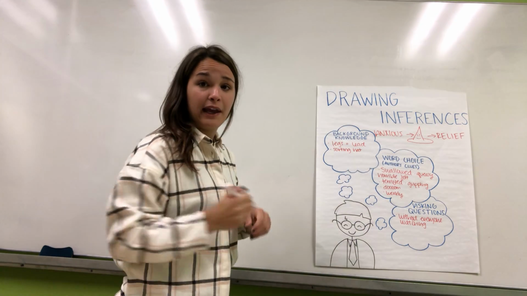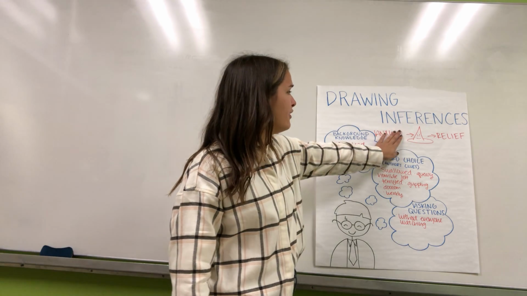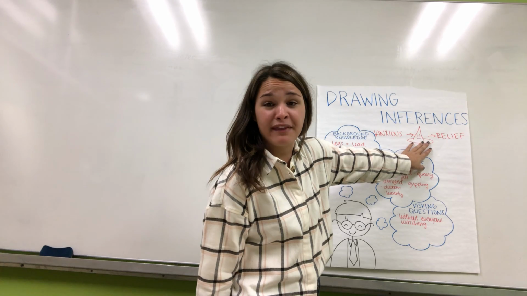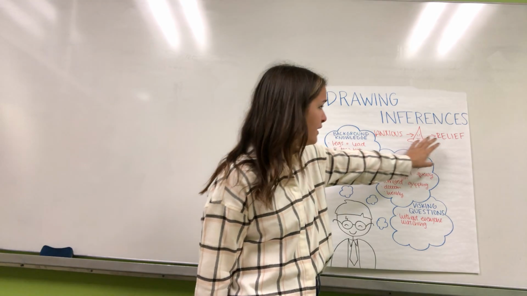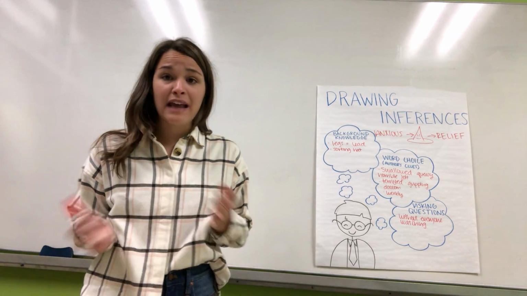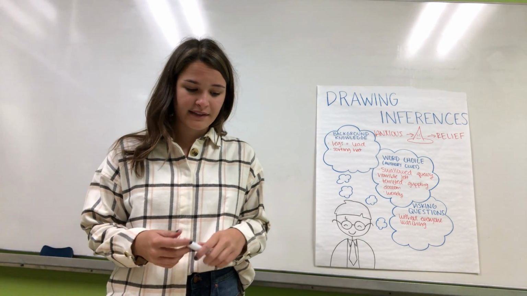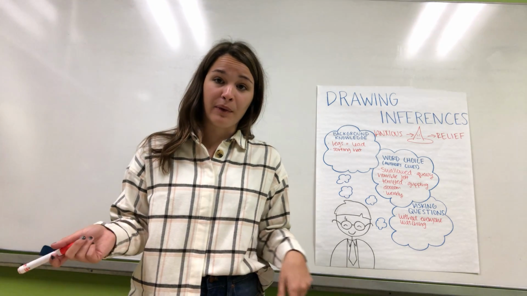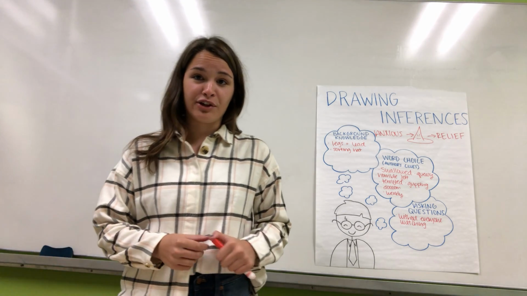So as you can see, Harry began feeling very anxious, and then the thing happened that he was so afraid of, and then at the end, he finally felt relief. And so that's how we draw inferences in a text, and this is one of the strategies that we will continue to use throughout all the different literature that we use.